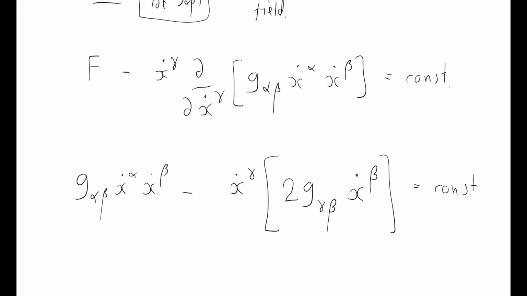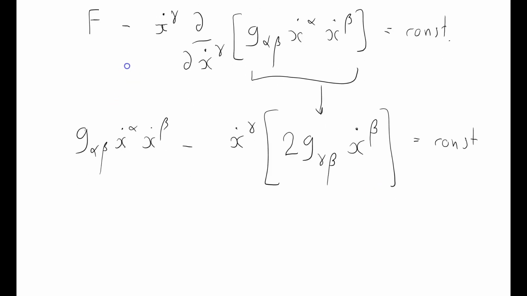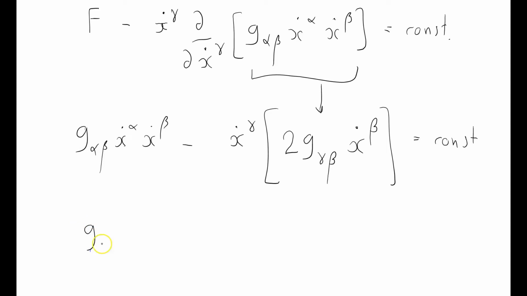You'll see that I can just differentiate this thing here by sight. Even though we're summing over alphas, it's also quite difficult. So that's g alpha beta x dot alpha x dot beta minus 2g gamma beta for that term there, x dot beta, and then I'll put this one at the end, x dot gamma, equals a constant.